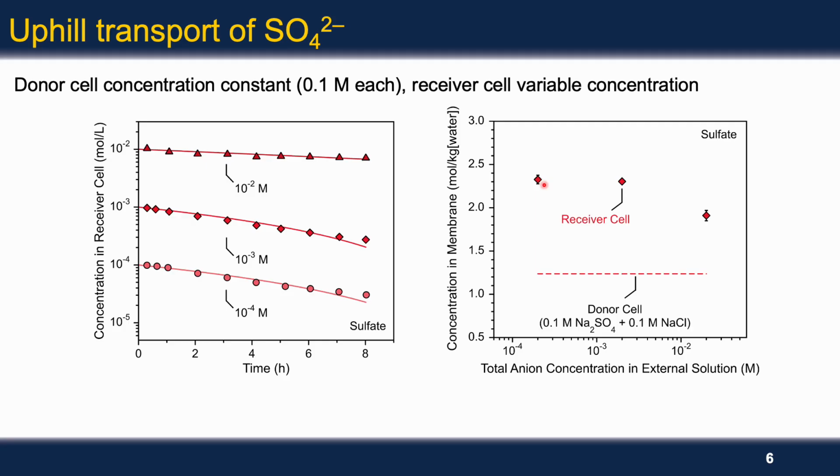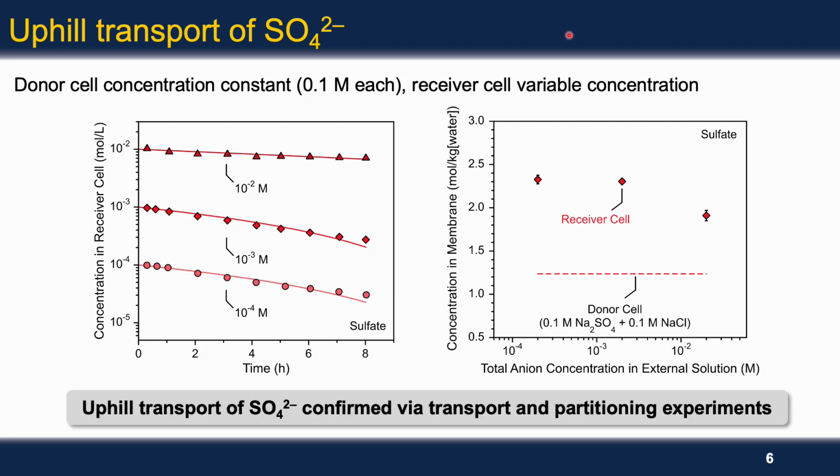You can clearly see that the concentration on the receiver cell side is substantially higher than that of the donor cell, which means that the internal concentration gradient is inverted. Also, you notice that this concentration difference gets smaller as the total anion concentration in the solution increases, and you can also see that in the transport experiments, where the flux, or the apparent flux, gets lower. Both of these experiments confirm that uphill transport of sulfate occurs in these membranes.